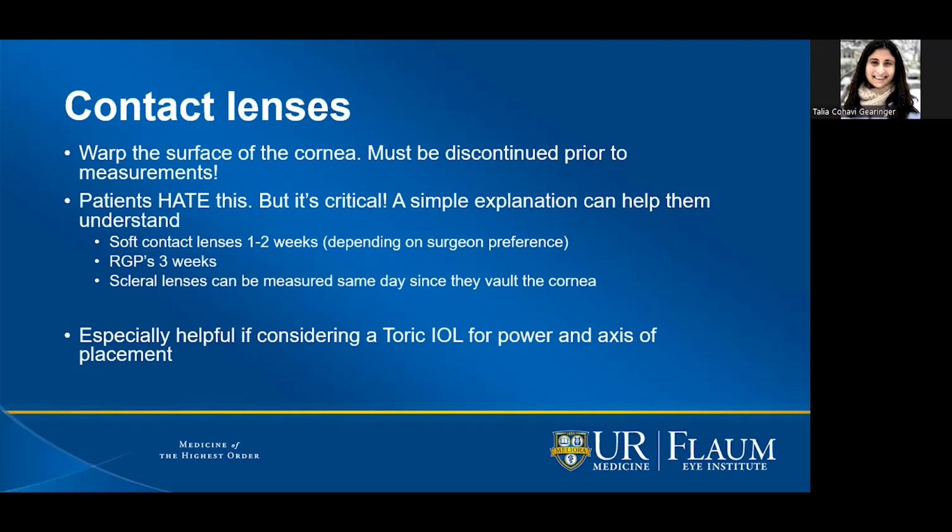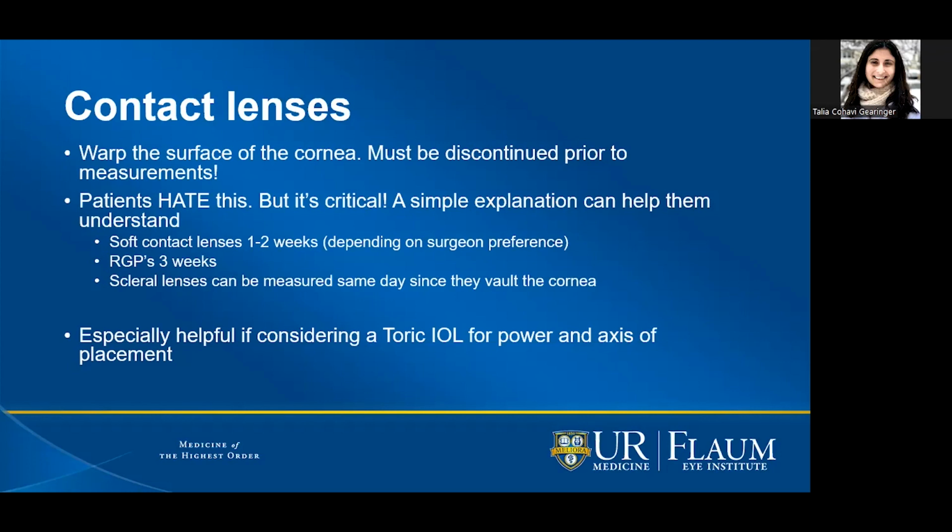As far as the contacts go, typically 1 to 2 weeks for soft lenses is recommended, depending on surgeon preference. We do 1 week for non-toric, 2 weeks for toric lenses. RGPs at least 3 weeks, but I think this is underplaying it. I think going up to 6 weeks is even better. Those patients really hate this.